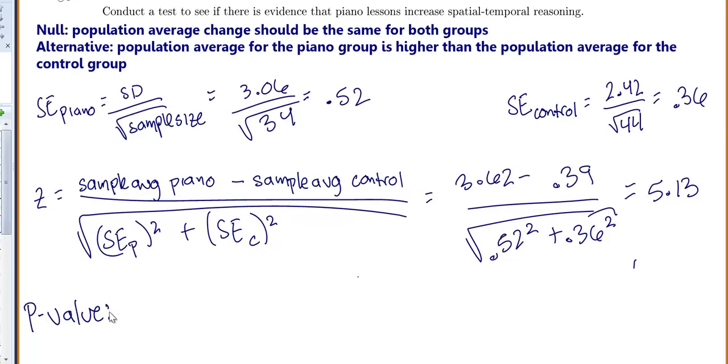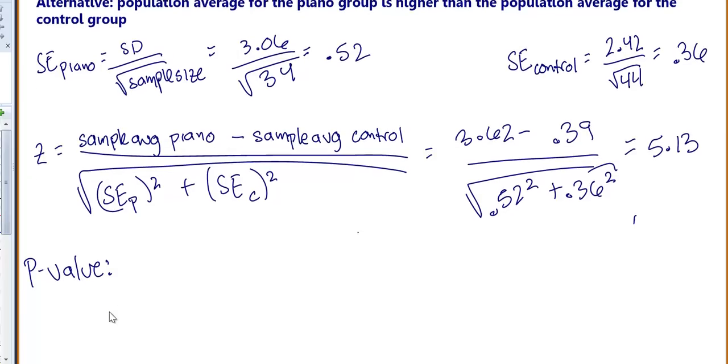Now my p-value, we have to figure out which direction we want to shade. And once again, remember, this is kind of the hardest part sometimes. So we did piano minus control. Now according to our alternative hypothesis, we think the piano group should be higher, and so this should be big numbers minus small numbers.